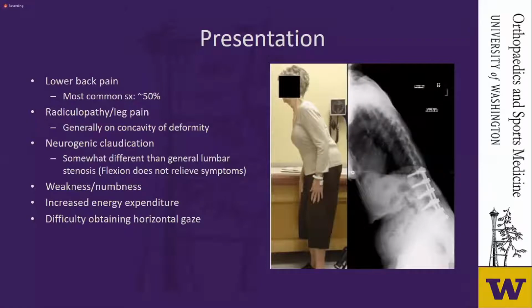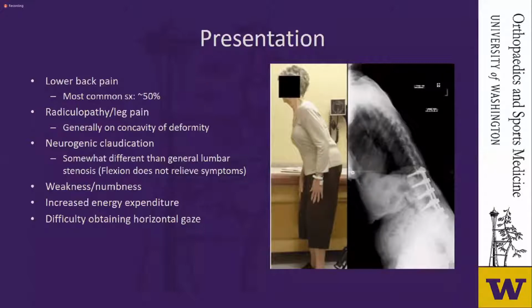Patient presentation. The most common symptom these patients will be presenting with is lower back pain. Additionally, radiculopathy and leg pain. Generally, this is found on the concavity of the deformity, though patients definitely can present with symptoms on the convexity of the deformity, particularly when the deformity progresses in severity.